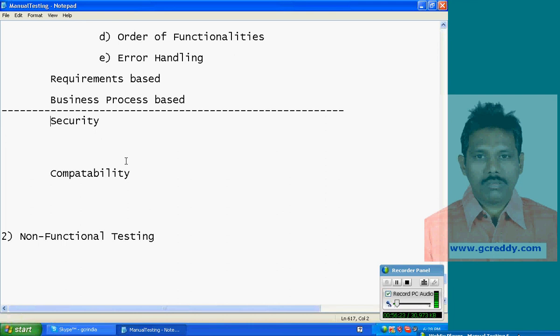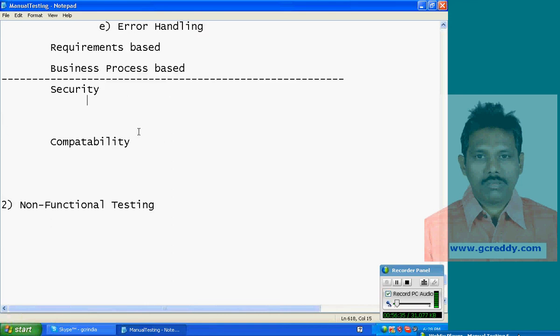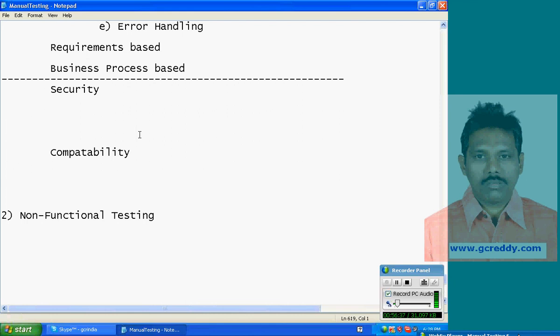Can you tell me, Lalita, what is security testing? Generally, what we test in this area? Okay. Anything else? See, it is checking the security of the system.